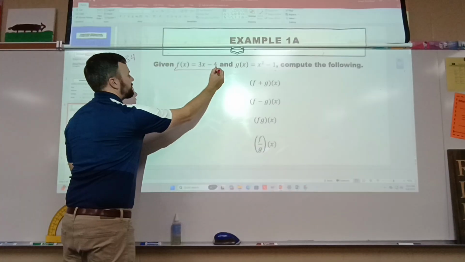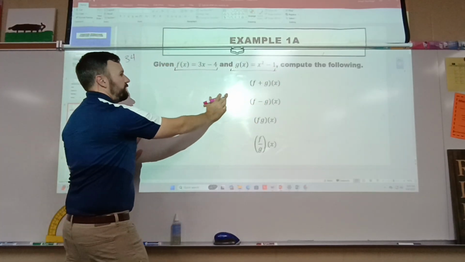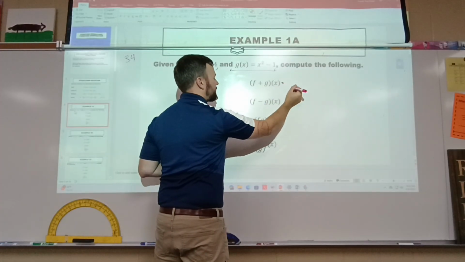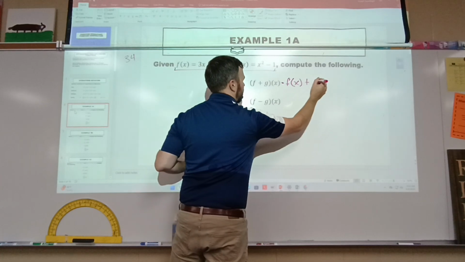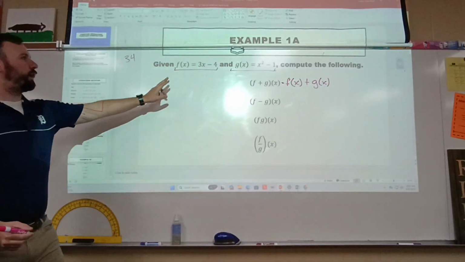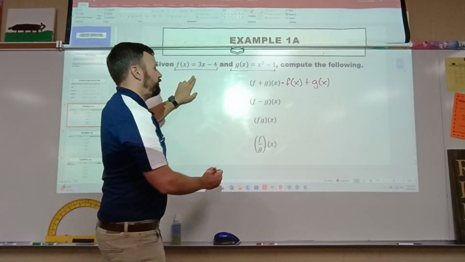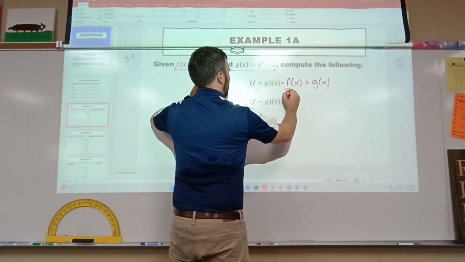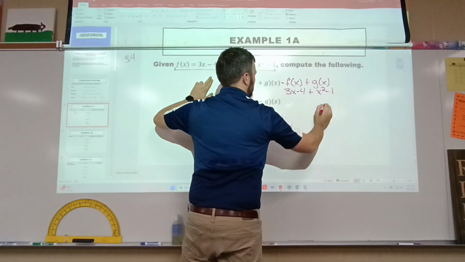This is my f of x. This is my g of x. Two different functions. f plus g of x is the same thing as f of x plus g of x. Right? So what do I do with these two functions? You add them. I do 3x minus 4 plus x squared minus 1.